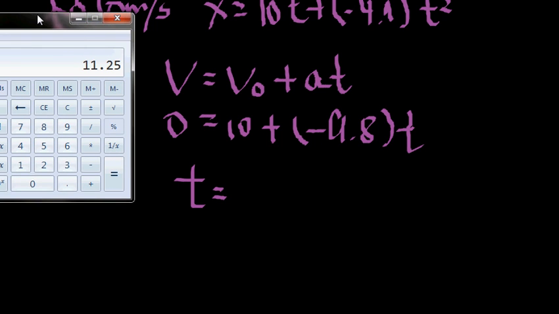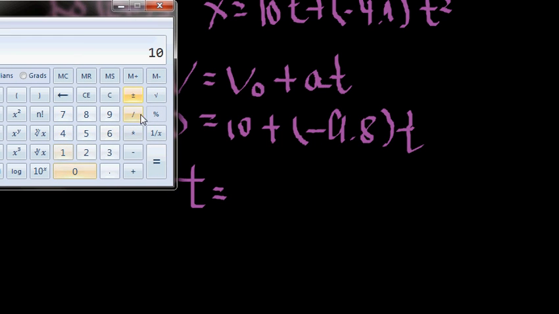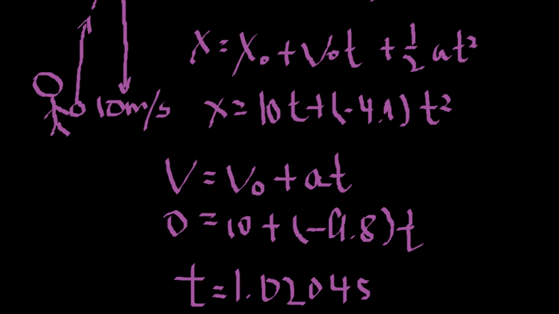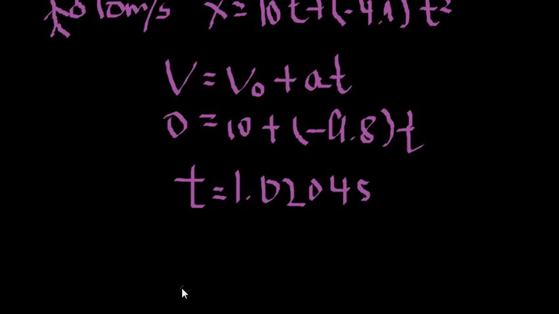That's a little question already. So for the maximum height, you just plug this time into this equation. So again, x equals 10t, which is 10 times 1.0204, which is 10.204, plus 1/2 at squared, or negative 4.9 t squared.